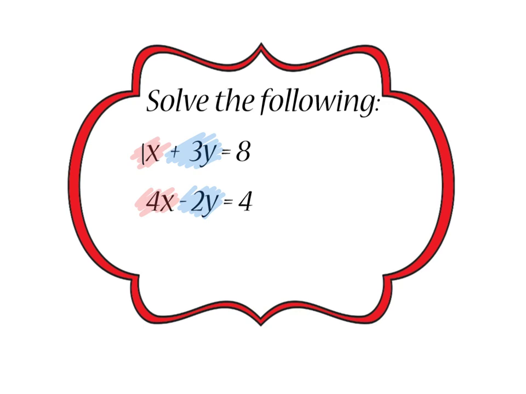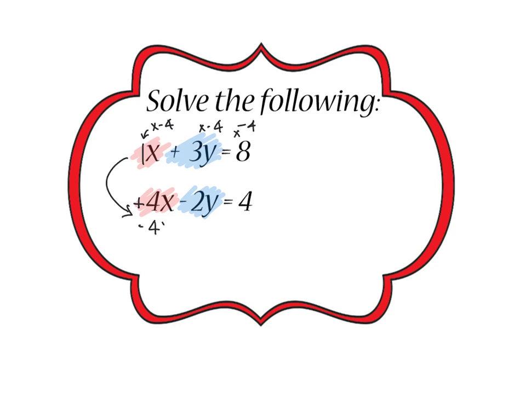For this system, I have 1x and 4x, and I have positive 3y and negative 2y. And so I could easily change this 1 into a 4. But since this 4 down below is positive, I want this 4 up top to be negative. So I'm going to multiply the entire top equation by negative 4. I'm going to rewrite that right below.